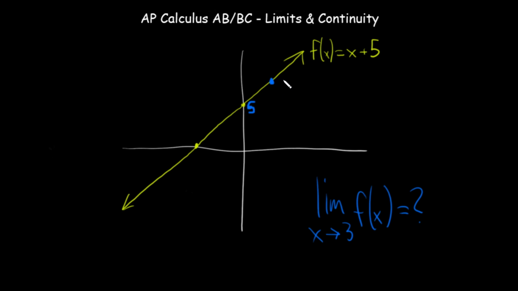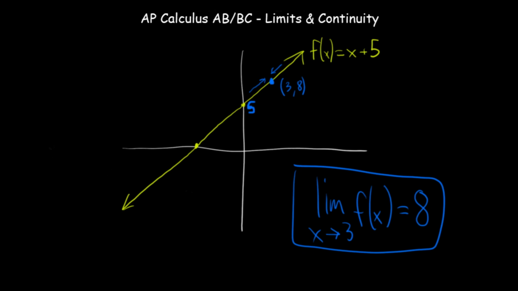This coordinate would be (3, 8). And we're talking about the limit notation. So as x gets closer to 3, it's getting closer to the y value of 8. That would be your answer.